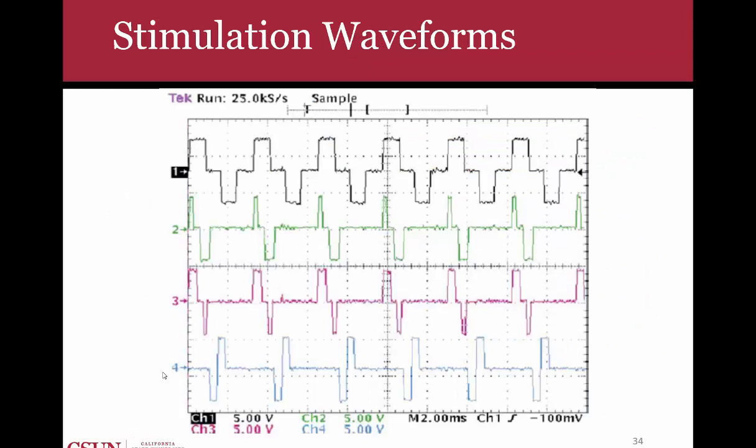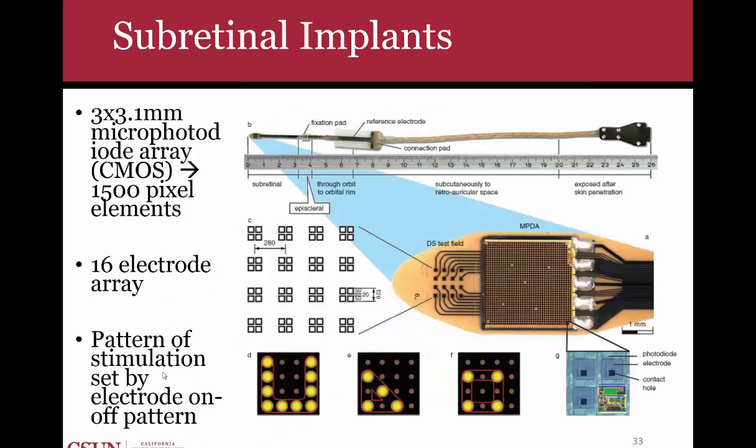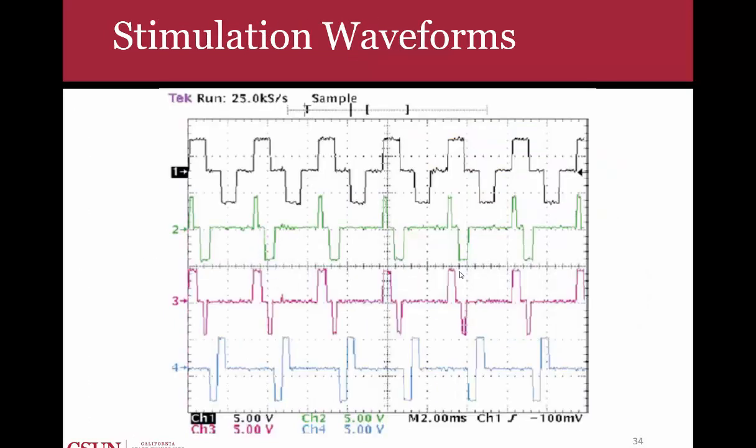Here are some examples of different stimulation waveforms for each of the electrodes. I believe this one is for this device here. It's only showing 4 electrodes. The point of this slide is to show you that there is a lot going on here. These waveforms are not just rectangular pulses that we were talking about earlier in class.